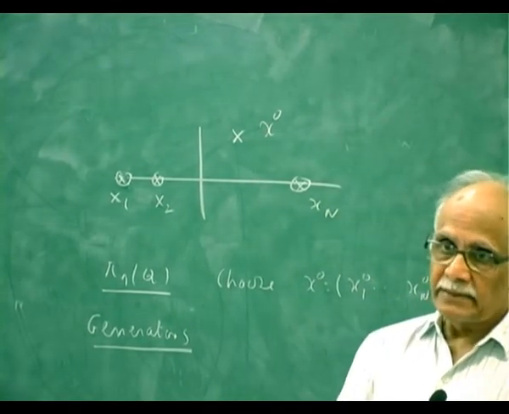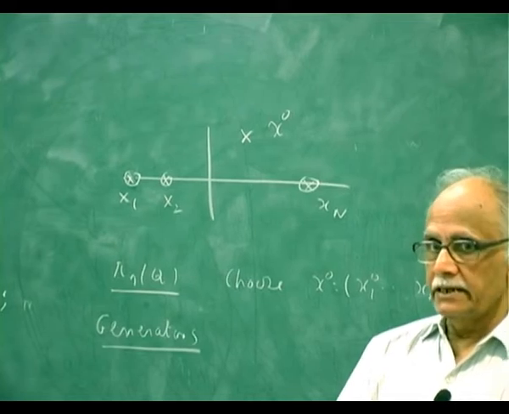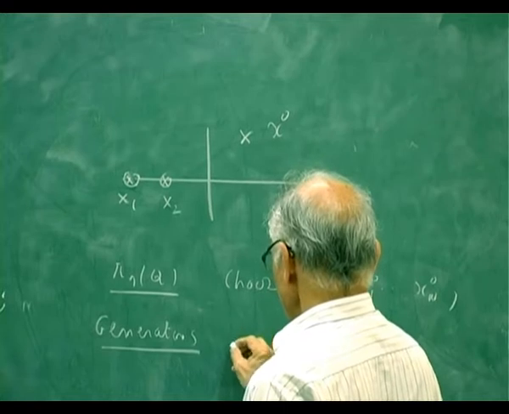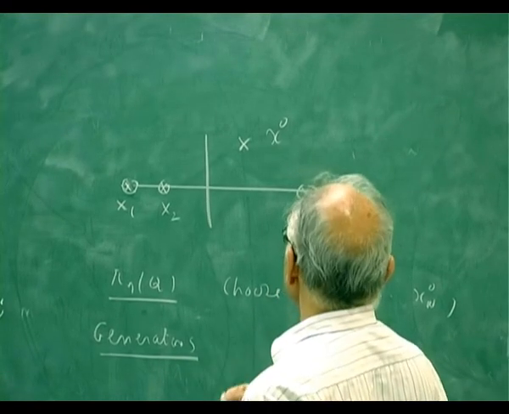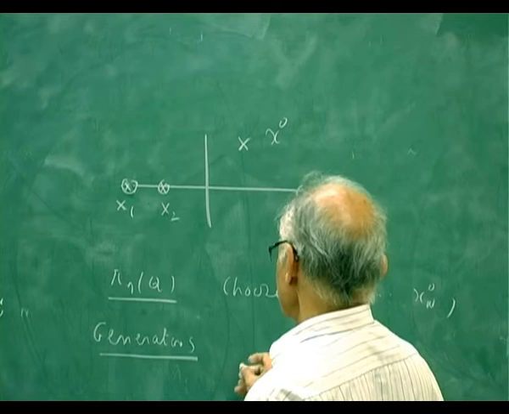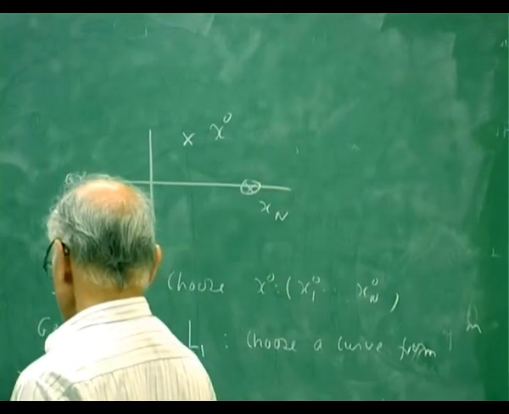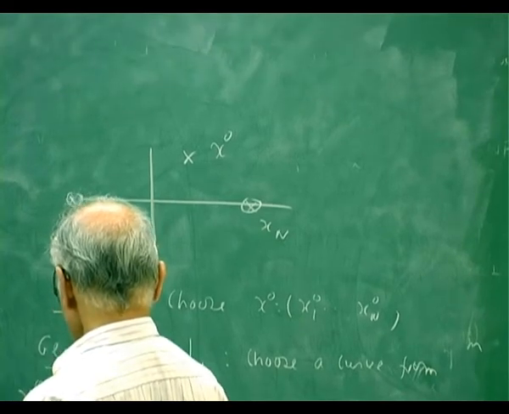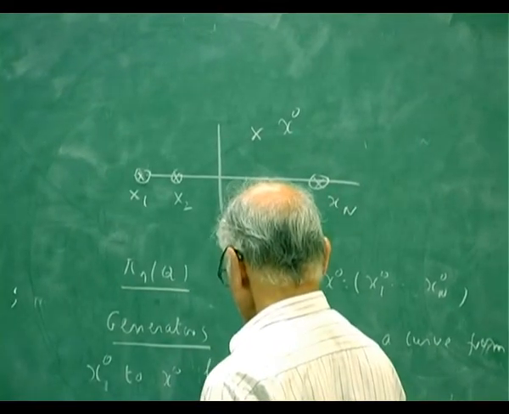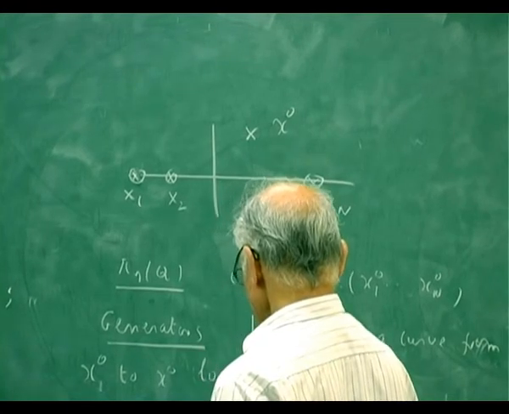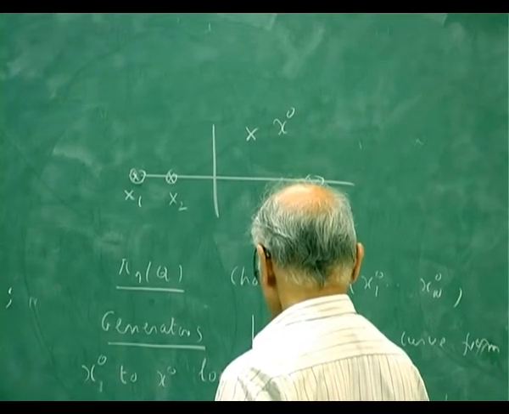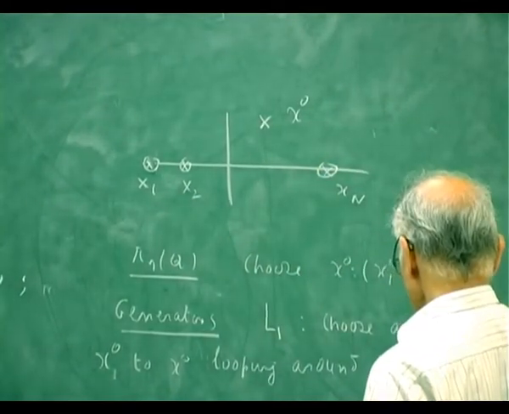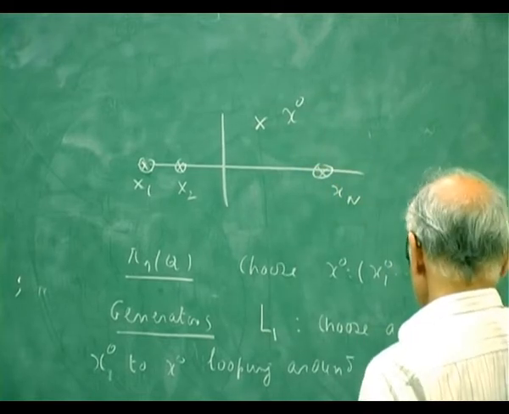So it is given by generators and relations. So what is it? A particular loop which I can call, based at x0, looping around this point x1, if I go like this, in the anti-clockwise direction.